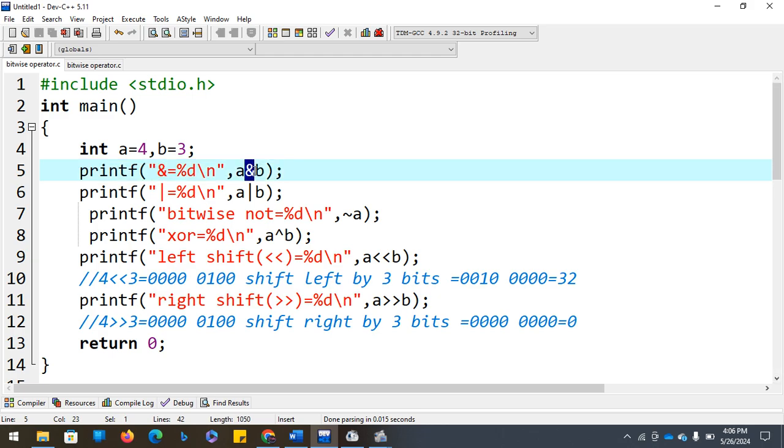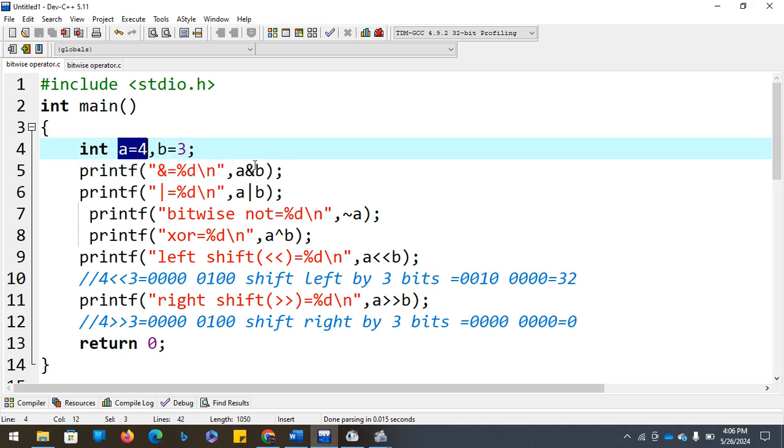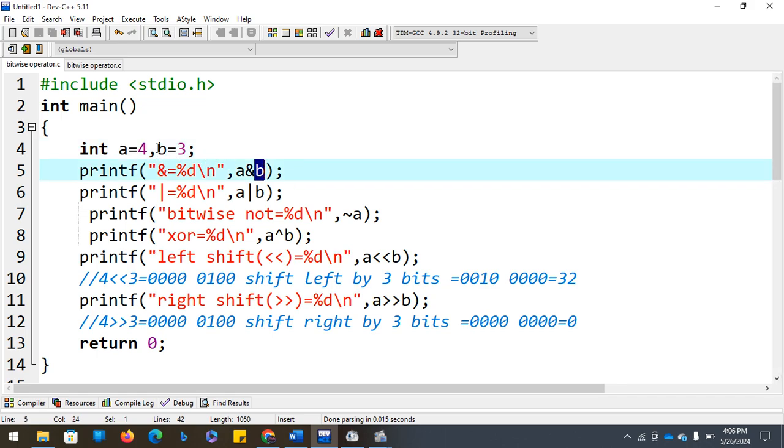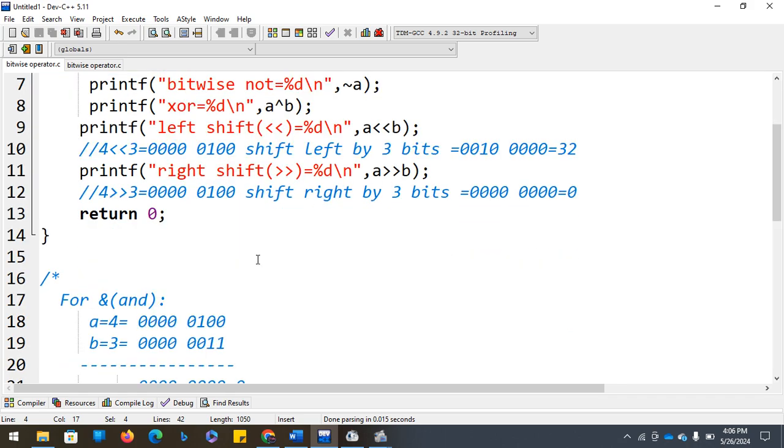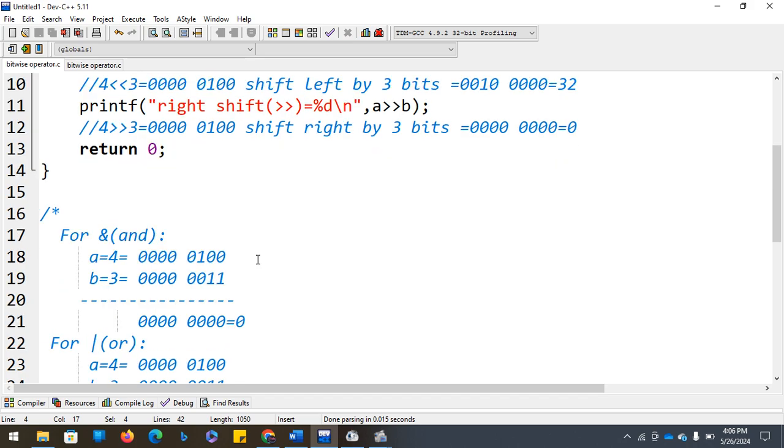Since this is a bitwise operator, it converts a into binary, b is also converted into binary, and after that all the corresponding bits are multiplied. AND means multiplication, so all the bits are multiplied, and whatever comes after that is converted into decimal and printed.